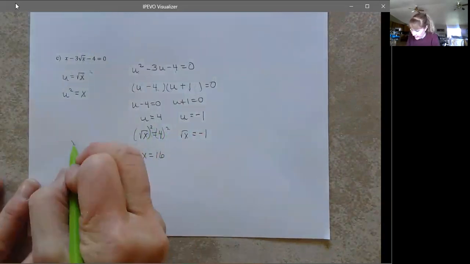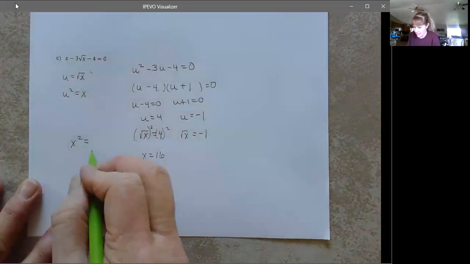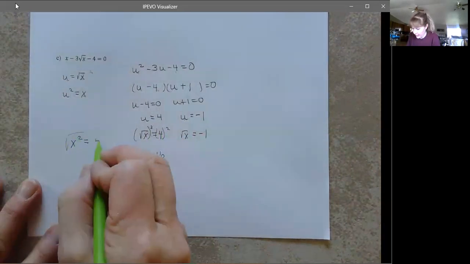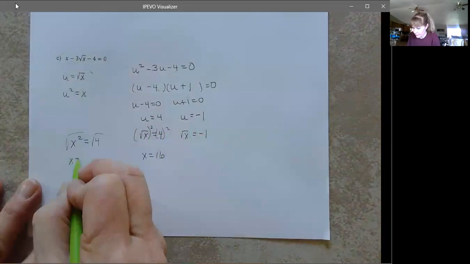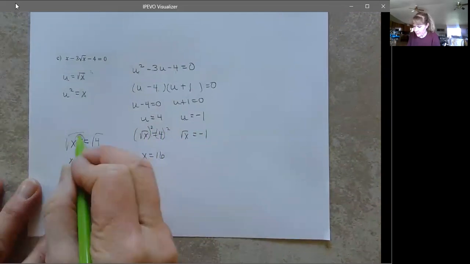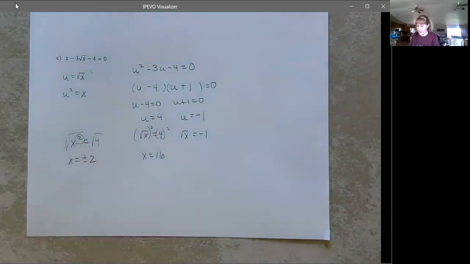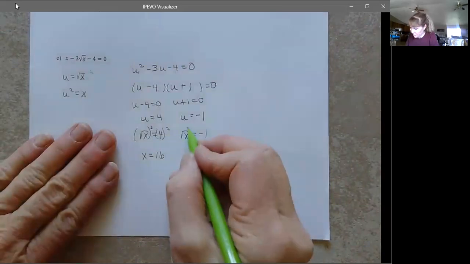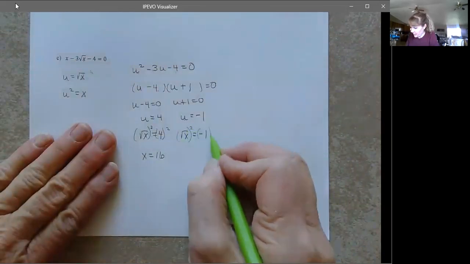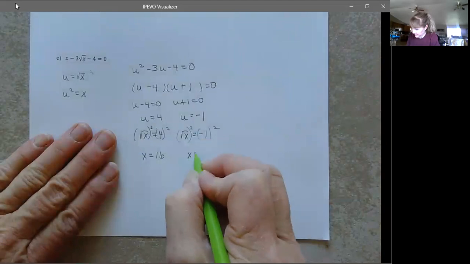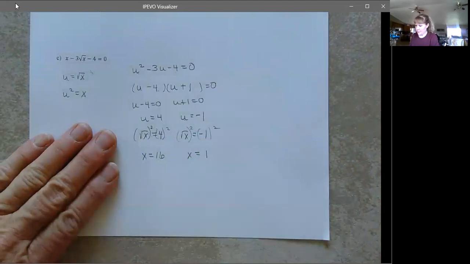If I had x squared equals, then x would have equaled plus or minus 2. It all depends on the original. This one, we're going to pretend that we don't realize that's no solution. We end up with x equals 1. Now, if you substitute these back in, which we already have done, we don't need to do that again.